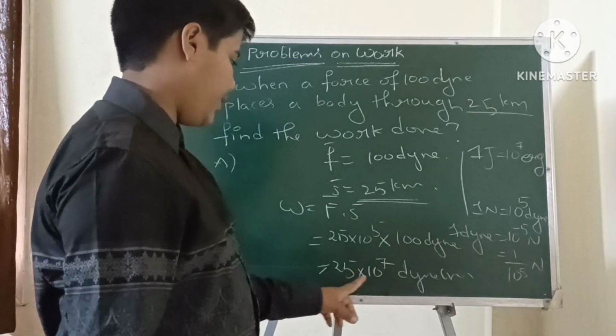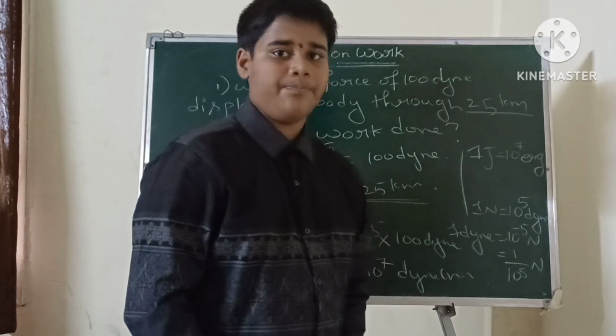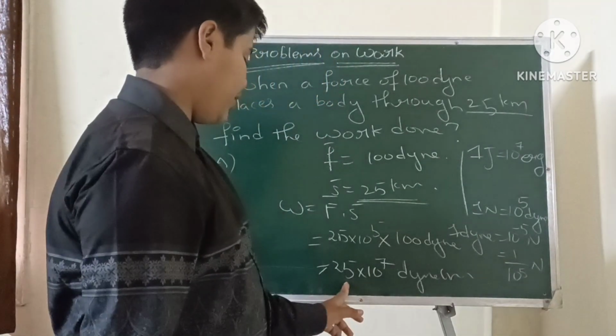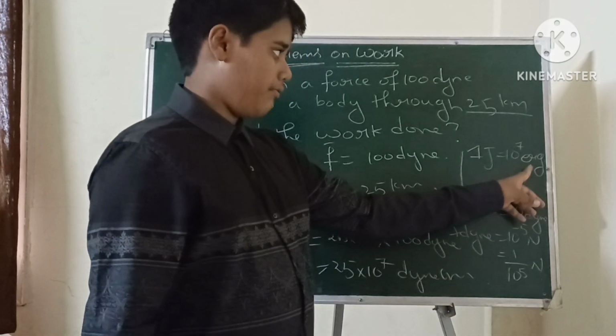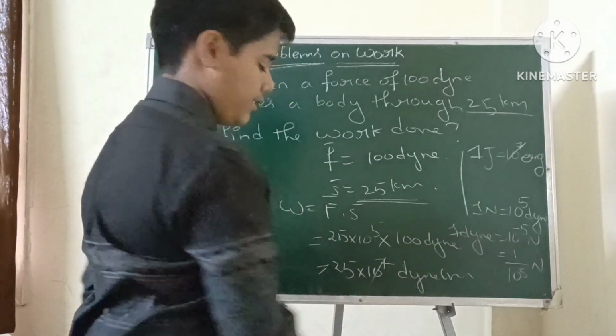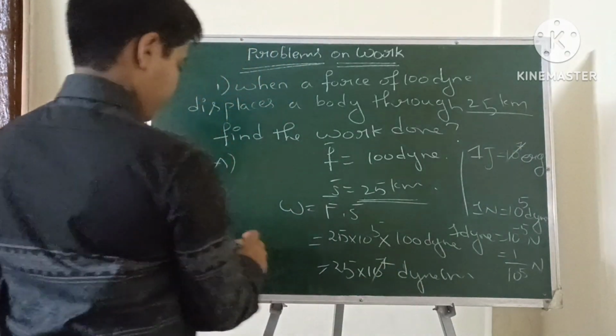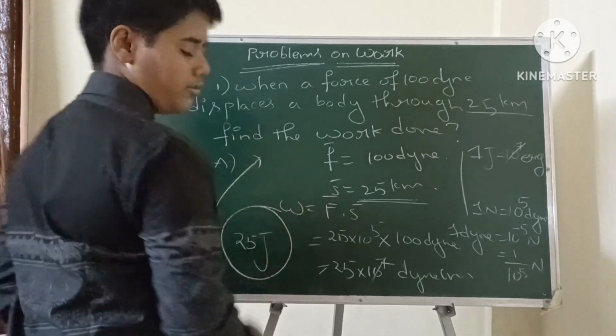So 25 into 10 power 7 dyne centimeters. Dyne centimeters means erg. So 25 into 10 power 7 erg. To convert erg to joule, we cancel 10 power 7 with 10 power 7. So 25 joules is the work done.